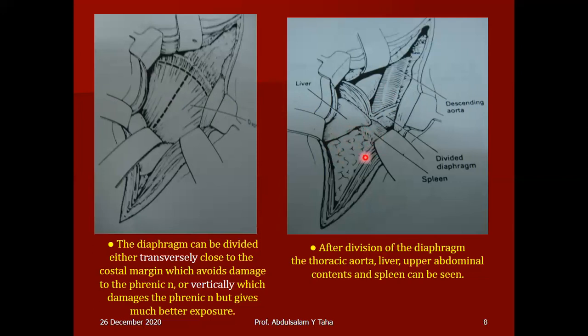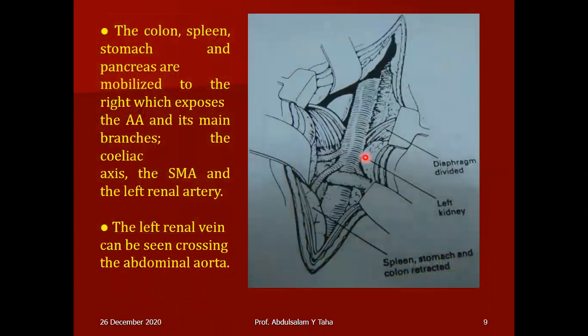Okay, yes. So in order to expose the upper abdominal aorta in this incision, what we need actually is just to displace the upper abdominal organs to the right side.